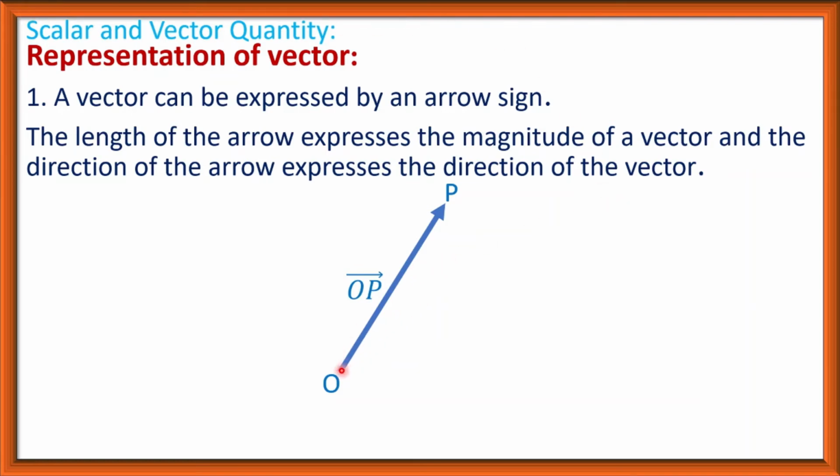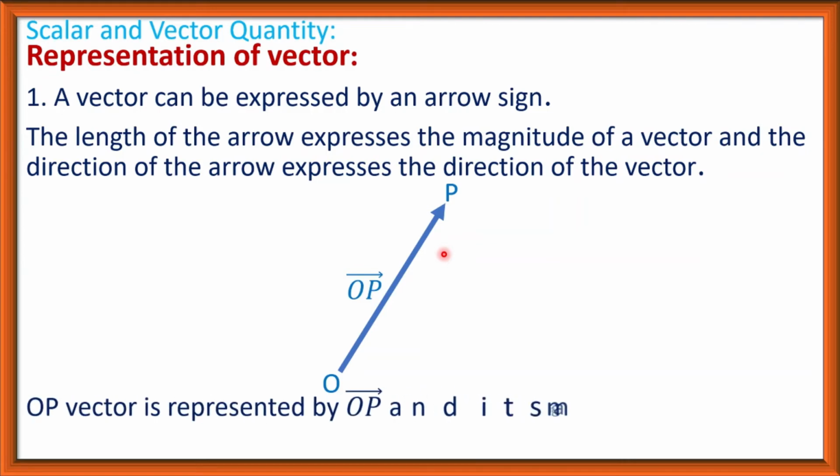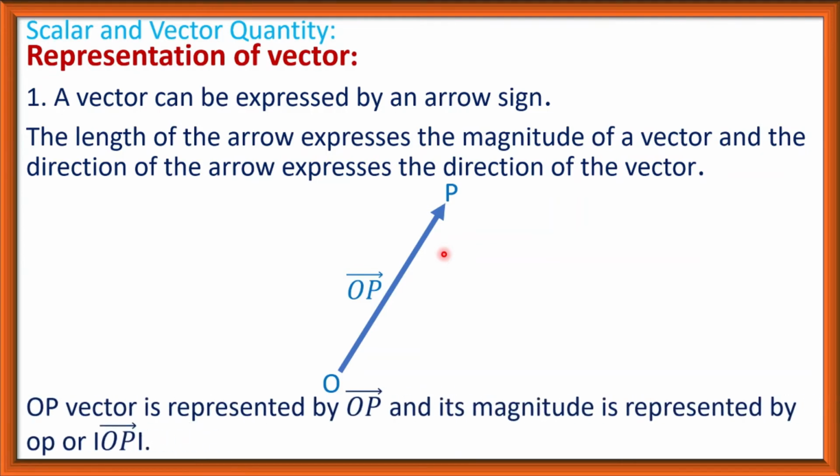The vector OP is represented by an arrow sign, and its magnitude is represented by OP or mod OP.